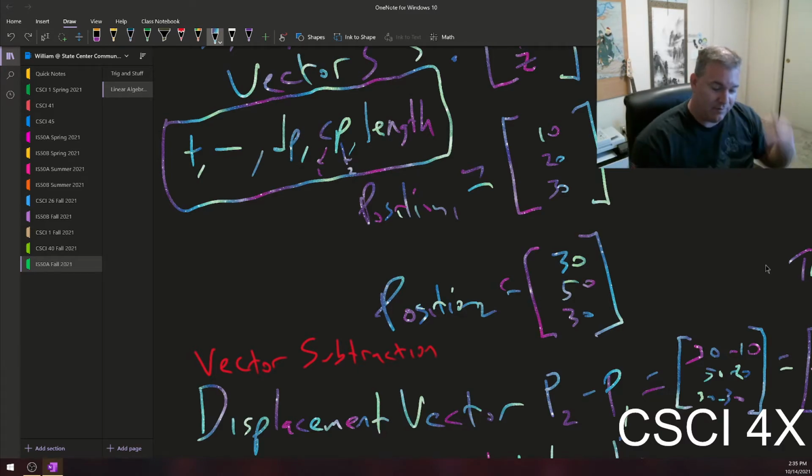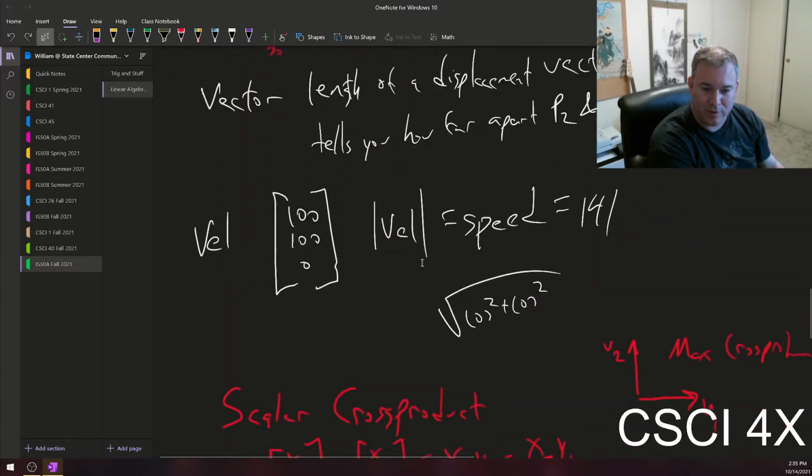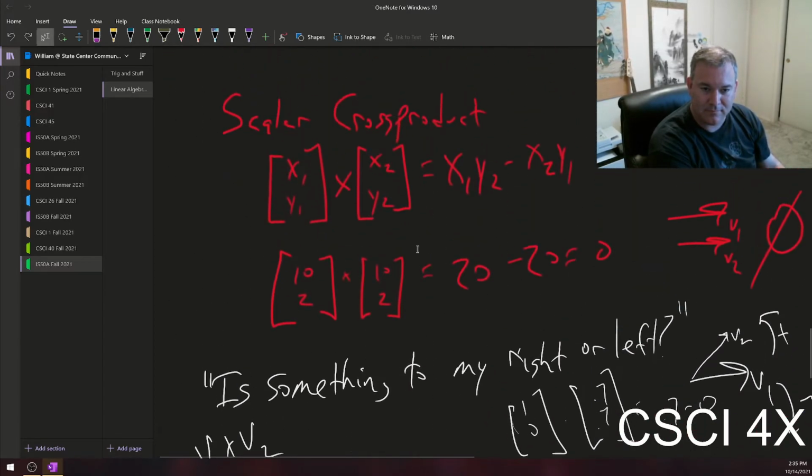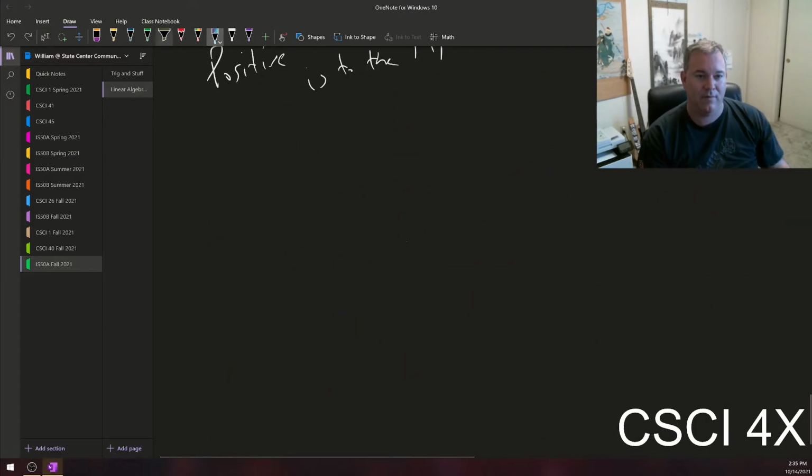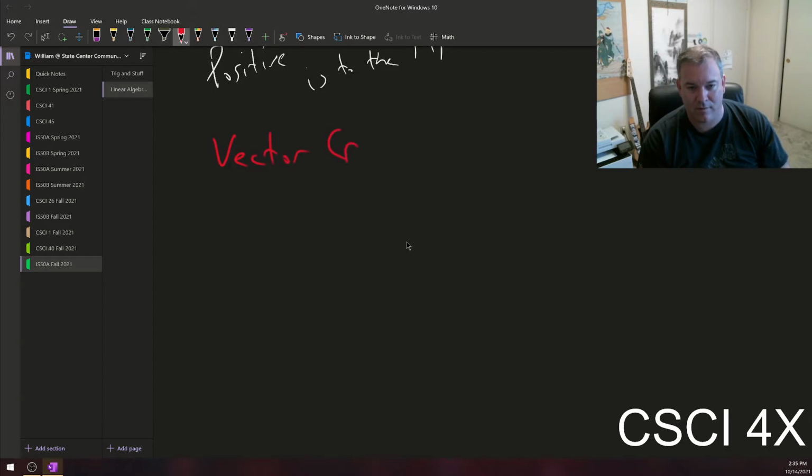Then there is the vector cross product. Let's say you have a vector pointed down the x direction and a vector pointed down the y direction.